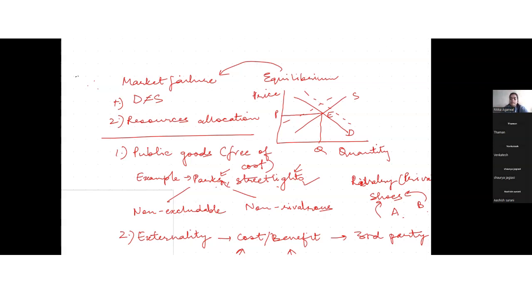So MPC is marginal private cost, MPB is marginal private benefit, and MSB and MSC are marginal social benefit and marginal social cost. Now your major focus is to go on to marginal social benefit or marginal social cost from MPC and MPB.